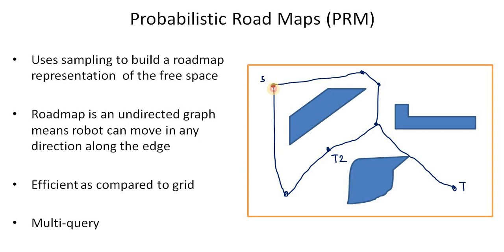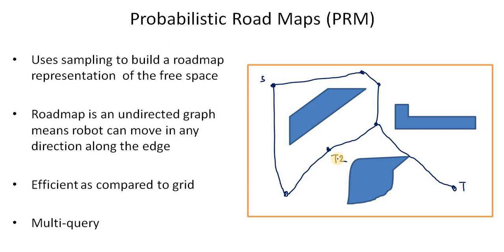You give this as a source, this is your new target, and then Dijkstra's algorithm will give you the shortest path from your start to your target position. So this is the multi-query advantage of this type of method.